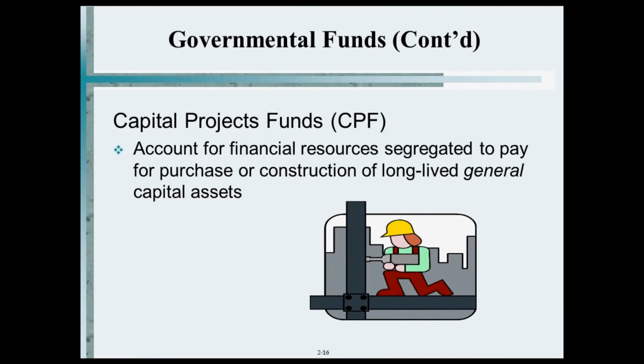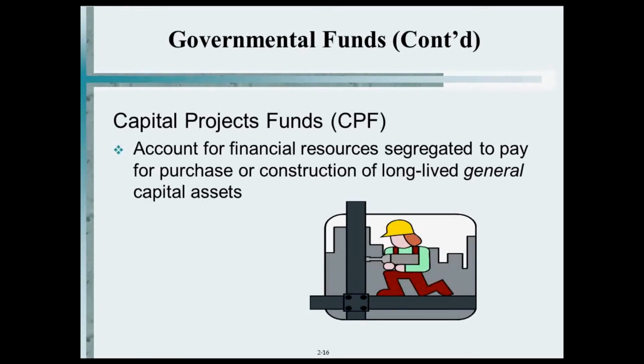So what typically happens? The government goes and borrows, let's say, $20 million for this project, gets the money, gives it to the capital project fund. And from there, the monies are dispersed for construction. The interesting thing about this is, this fund does not carry the asset.